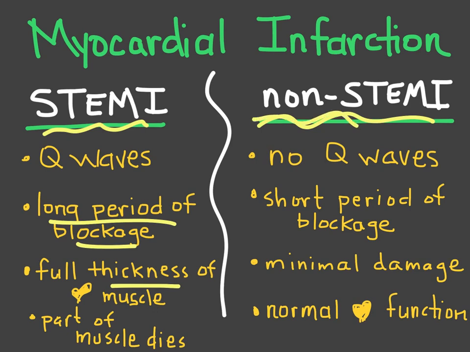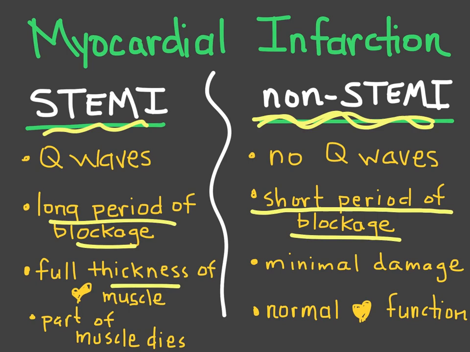But a non-STEMI does not have a long period. It has a short period of blockage. So there may be a clot, say in the coronary artery, but it breaks up on its own, so there was just an incomplete blockage for a short period of time. In this case, the damage is usually minimal and the function of the heart stays normal.